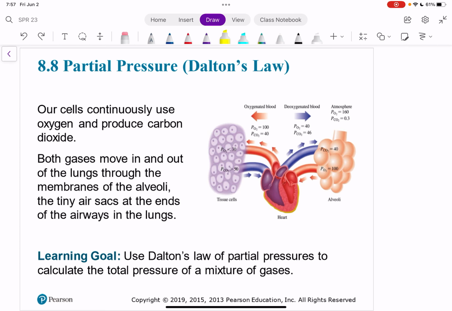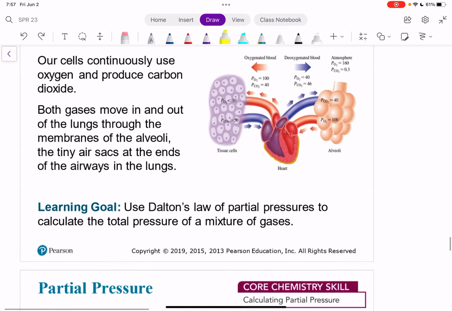The next thing I want to talk about is Dalton's law, which is the short way of saying Dalton's law of partial pressures. This is talking about the partial pressures that different gases in a mixture exert on a container and how you can find the total pressure from that. So let's check this out.